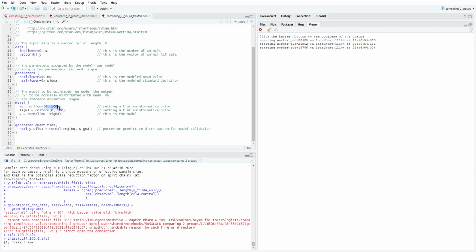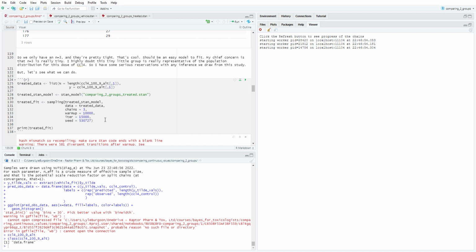I know that because I know how ALT works. If you don't know anything about ALT and you want to set a prior, you need to go talk to somebody who knows about this. This is where having a toxicology background really helps, because if you are a toxicologist and you know ALT, you know that the mean probably is going to be within this range.